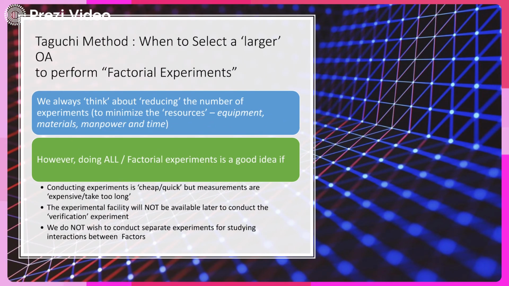Now again, it is very important to select what kind of factors to perform the factorial experiments. We always have to think about reducing the total number of experiments, minimizing the resources, equipment, material, manpower, and time.